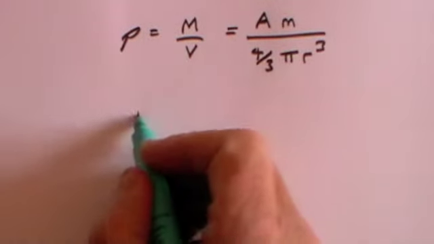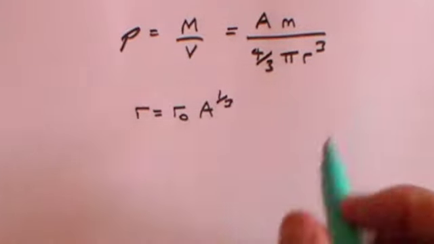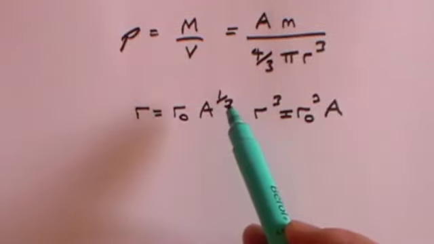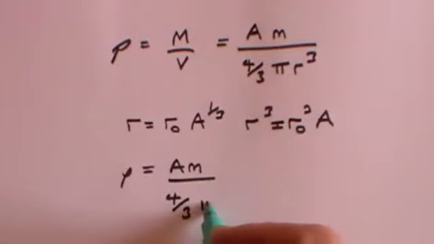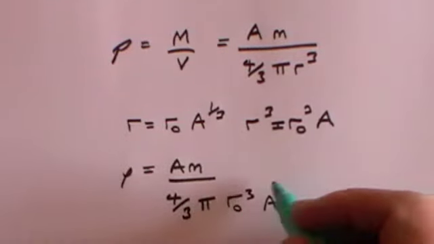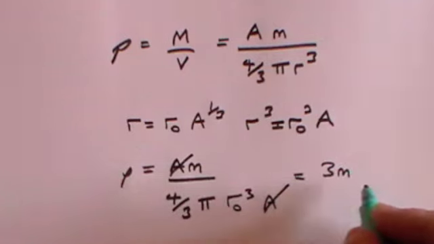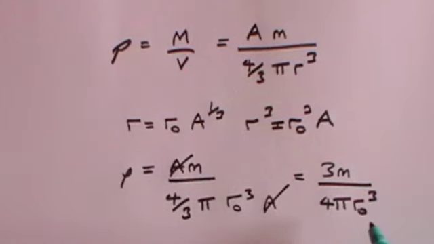And we've just said that the radius of the nucleus is equal to R0, which is a constant, times A to the 1/3, which means that an r cubed term would be equal to R0 cubed times A, because A to the 1/3 cubed is A. And so we can say that rho is equal to Am divided by 4/3 pi, and then instead of r cubed, we're going to use R0 cubed times A. The A's cancel, and if you simplify that, you simply get 3m divided by 4 pi R0 cubed, where R0, remember, is the constant.